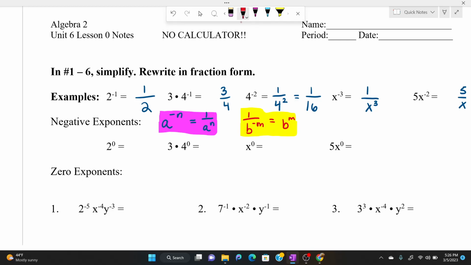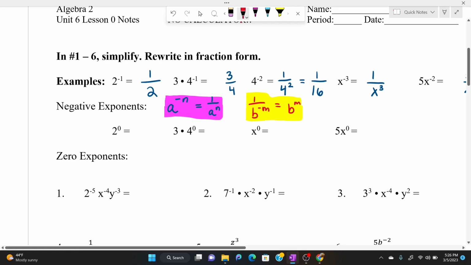All right, so now let's talk about raising something to the 0th power. Anything other than 0 raised to the 0th power is 1. So 2 to the 0th power is 1. Here, I'm going to deal with the exponent first. So this is 3 times 4 to the 0th is 1. 3 times 1 is 3.